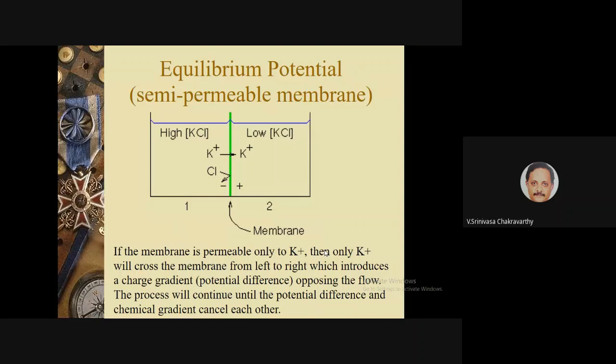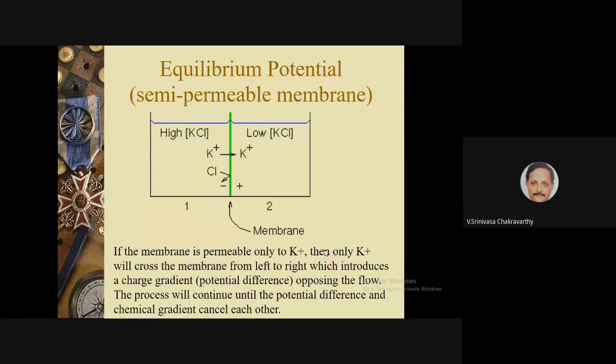Right now, let us make a small variation of the experiment and repeat it. Everything is just like before, except that the membrane now is semi-permeable. The membrane in the previous case is permeable to KCl, that is both to K plus and Cl minus. But now let's consider a membrane which is permeable to potassium but not to chloride ions.